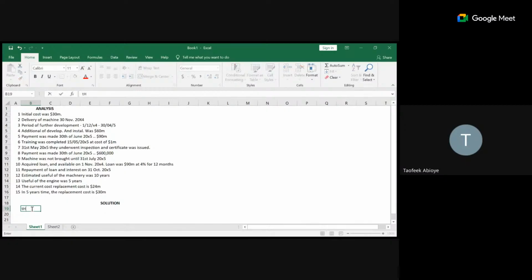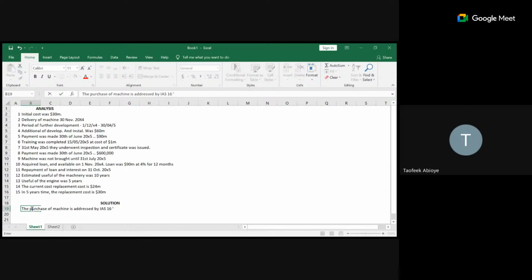Now, the first thing is that we need to tell the examiner that the purchase of the machine, let's pick it one after the other, is addressed by a standard. What is the standard? IAS 16. You need to tell them that this machine is addressed by a standard called IAS 16.